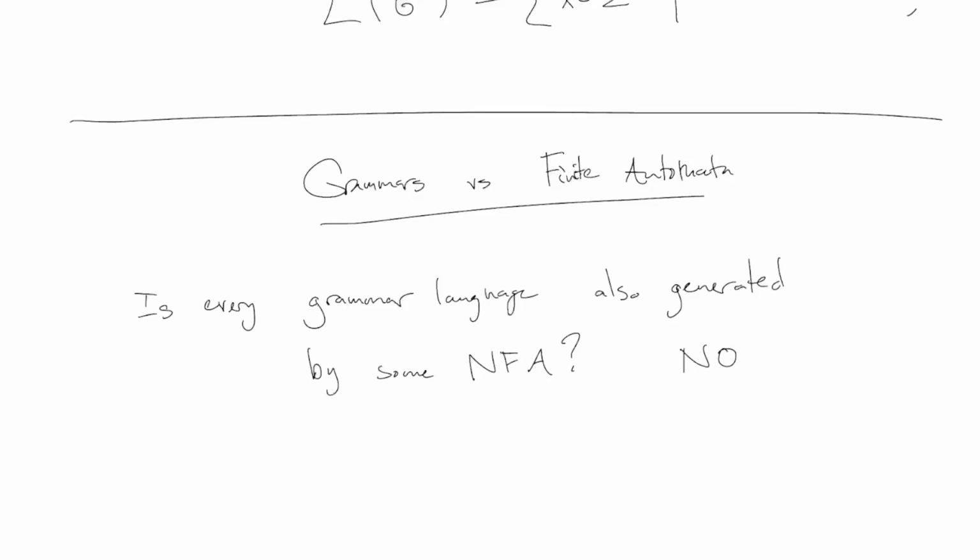The example is a to the n, b to the n: it has a grammar, but no NFA, because that's not a regular language. That's the standard example of a language that's not regular, and it's easy to show that it's not regular using derivatives. So not every grammar language can be generated by some NFA.